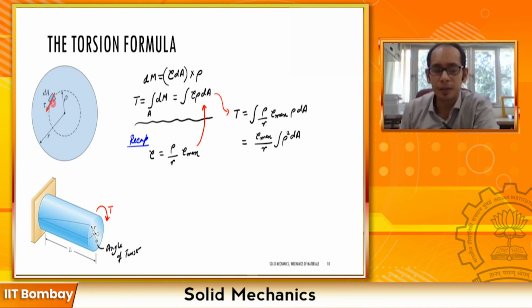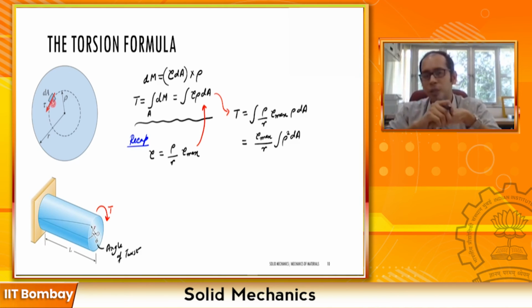Does this ring a bell? The last expression, rho square dA. Think for a second. What was rho square dA? You have studied this in your +2.